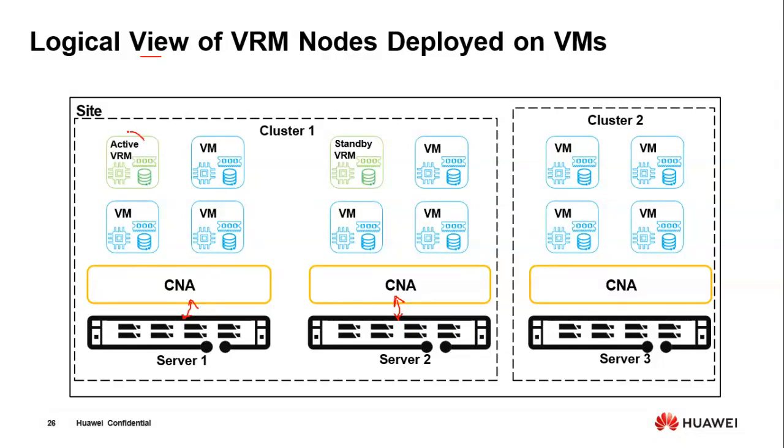That's what we call active VRM, the one you are using currently, and standby VRM. The standby VRM is not used until when required. So this VRM is basically the interface that you will use to manage the VMs that you create.